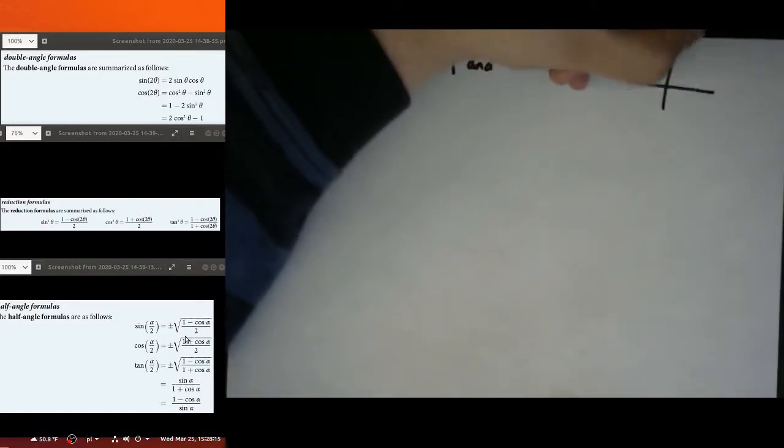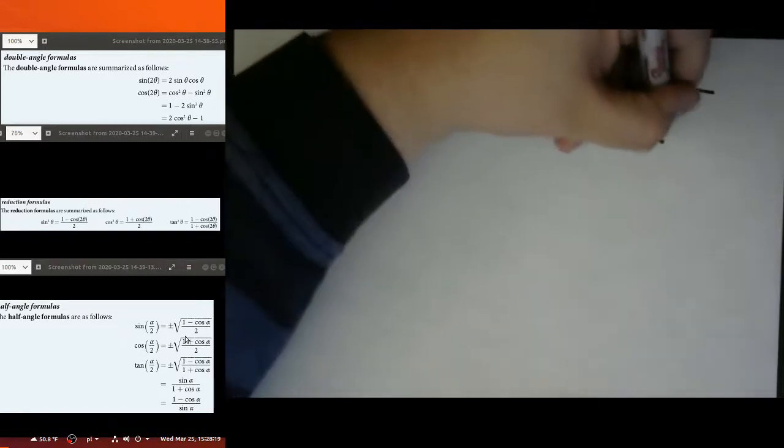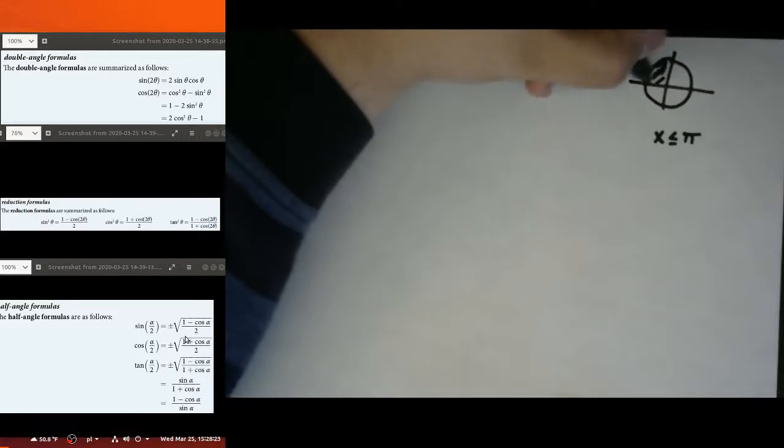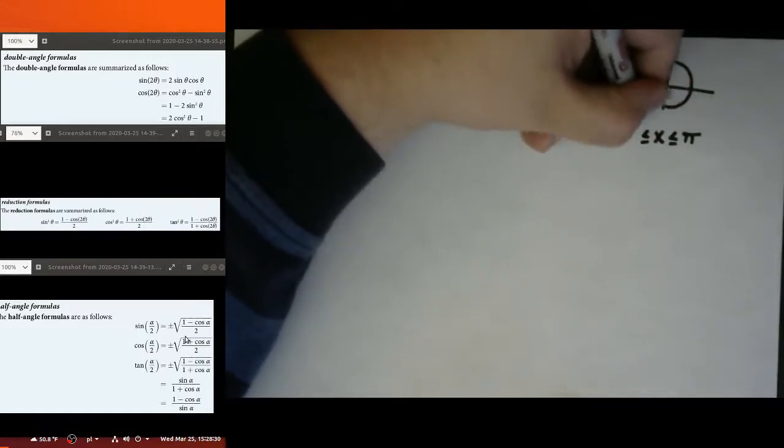Now in this case, if x is in quadrant 2, it means x is in here. And so that means that x is smaller than angle pi because it's not quite making it to pi. I mean, that's what quadrant 2 is all about. But it's also bigger than pi over 2.